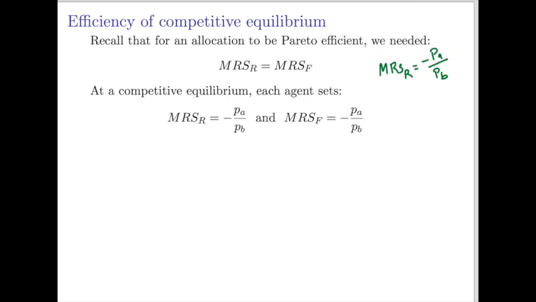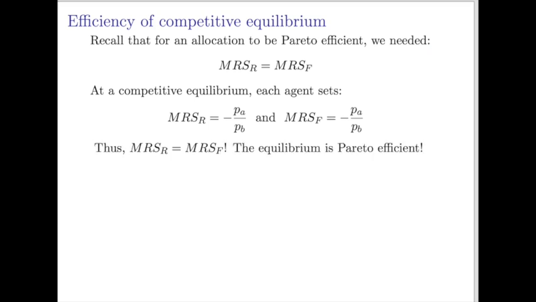They're both going to set their marginal rate of substitution equal to exactly minus PA over PB. So since both of them set their marginal rates of substitution equal to minus PA over PB, their marginal rates of substitution are going to be equal. In other words, the allocation in equilibrium is going to be Pareto efficient.